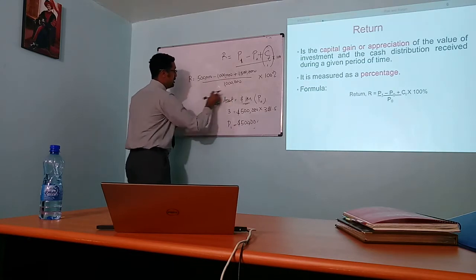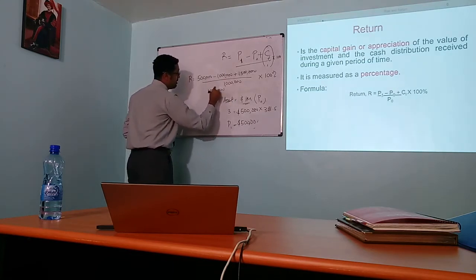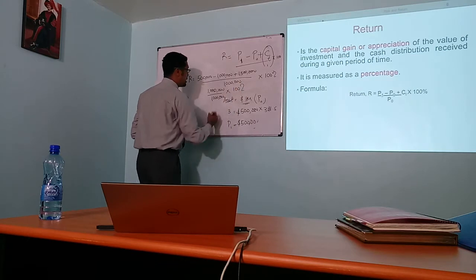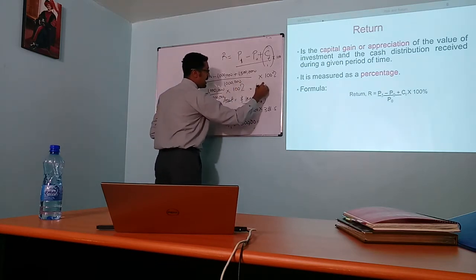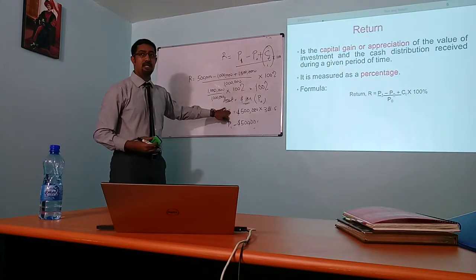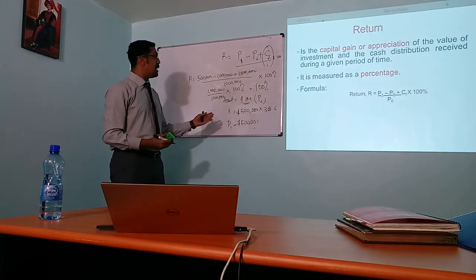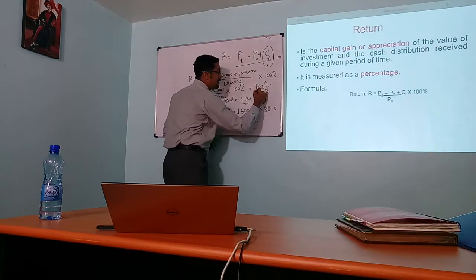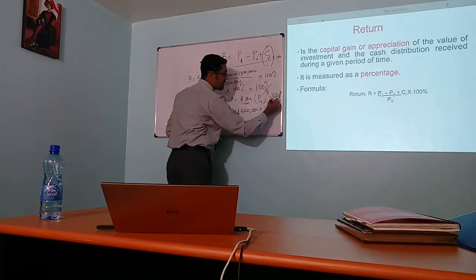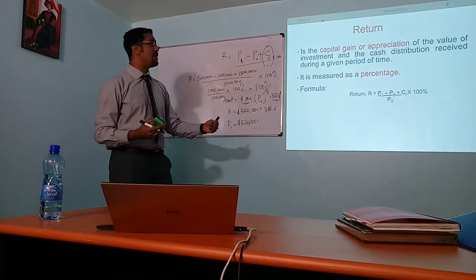So we have 1 million, divided by P0, 1 million, times 100%. This is 100%, but basically it is for 3 years. So the return per year is 100 divided by 3, which is about 33.3%. So that is how we calculate.